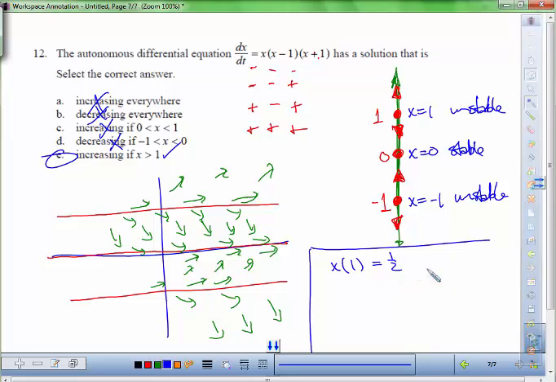What can you tell me about this graph? It has a negative slope. It's always going to be decreasing. So the solution will be decreasing.